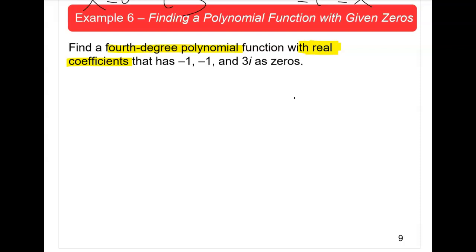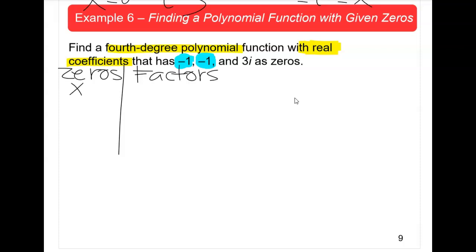So we have -1 and -1, and they're listing it twice. So if we have x equals -1, we have the factor x plus 1. And we have it twice. So we have x plus 1 again.